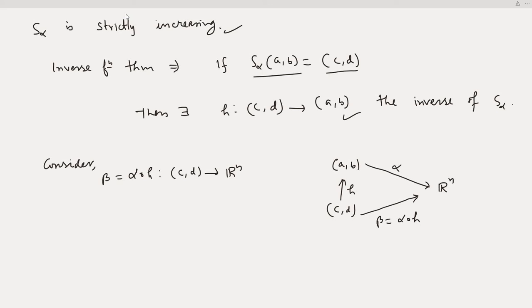Now we claim that beta is the required unit speed reparameterization of alpha.